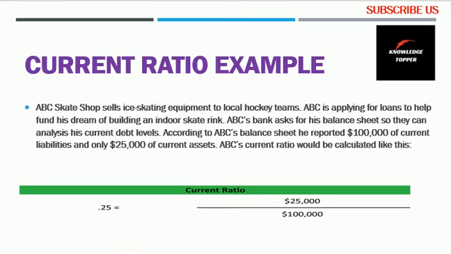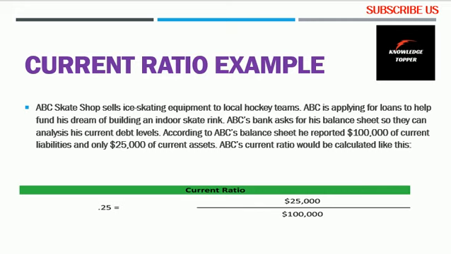So what this answer tells us is that ABC only has enough current assets to pay off 25% of his current liabilities. This shows that ABC is a highly leveraged and highly risky company, because banks would prefer a current ratio of at least 1, or more than 1 or 2, so that all the current liabilities would be covered by the current assets.